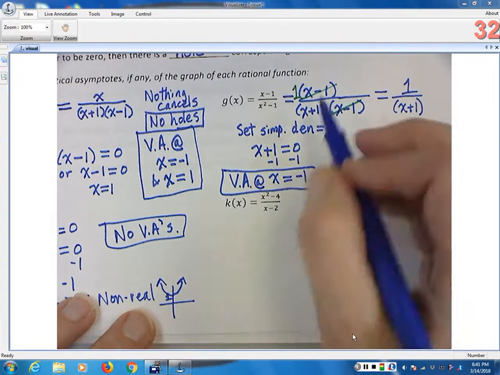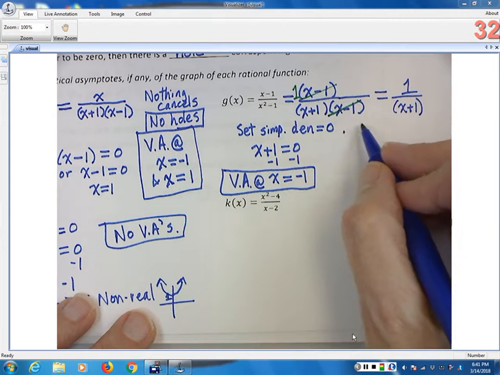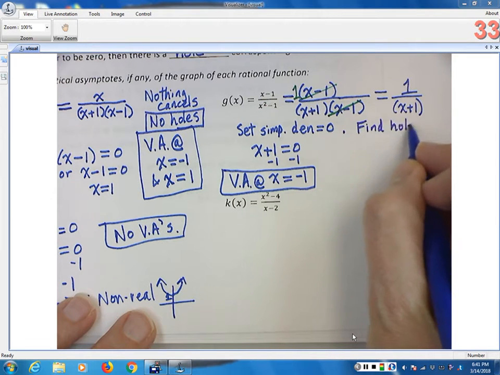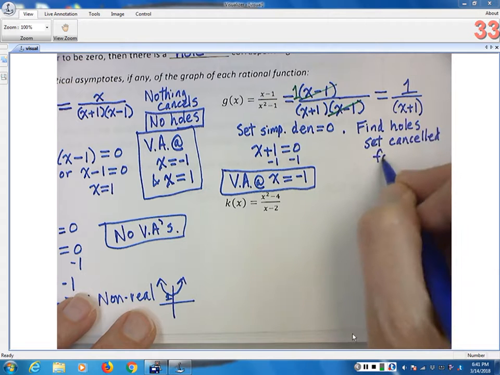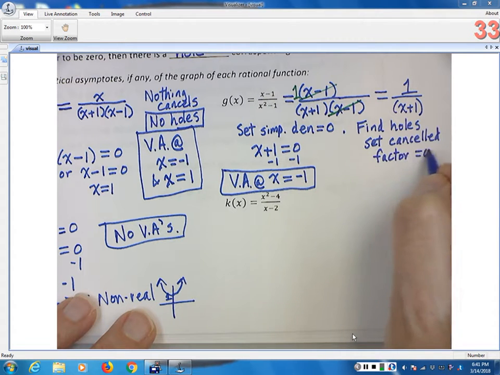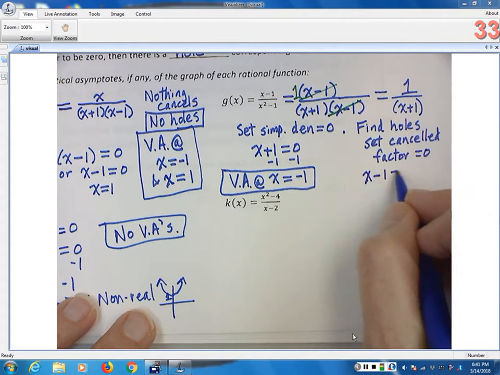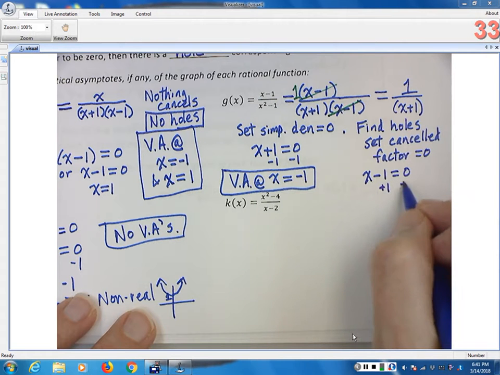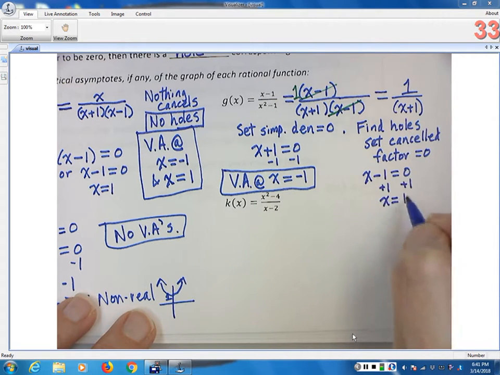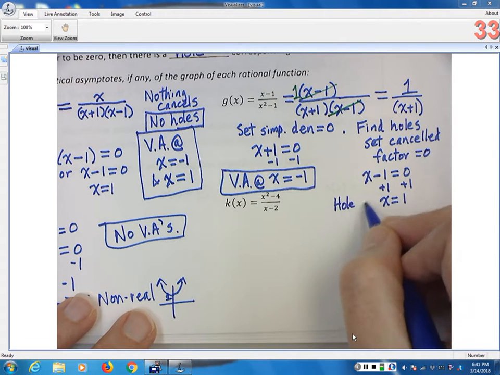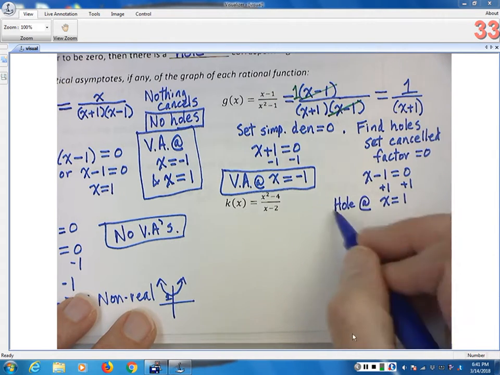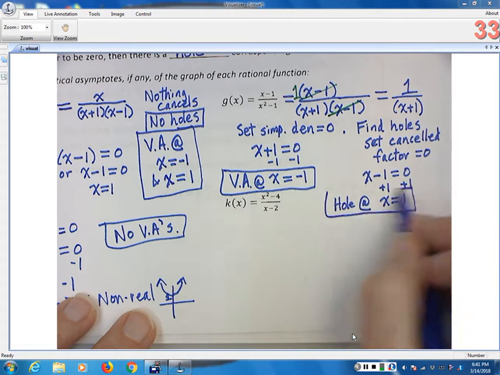Okay, and you find your holes by setting the canceled factor to 0. So x minus 1 equals 0. So x equals 1, there's a hole at x equals 1, if I asked about holes.